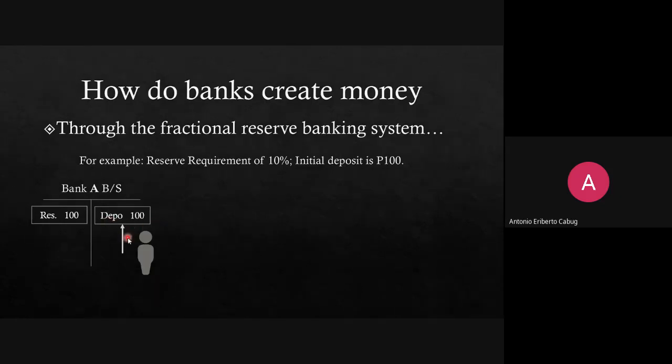Deposits, 100. Mr. Shi can claim that he has money deposited in the bank amounting to 100. Now, what Bank A can do is lend the money given by Mr. Shi. Mr. Shi gave money to the bank, and the bank can lend out Mr. Shi's money.